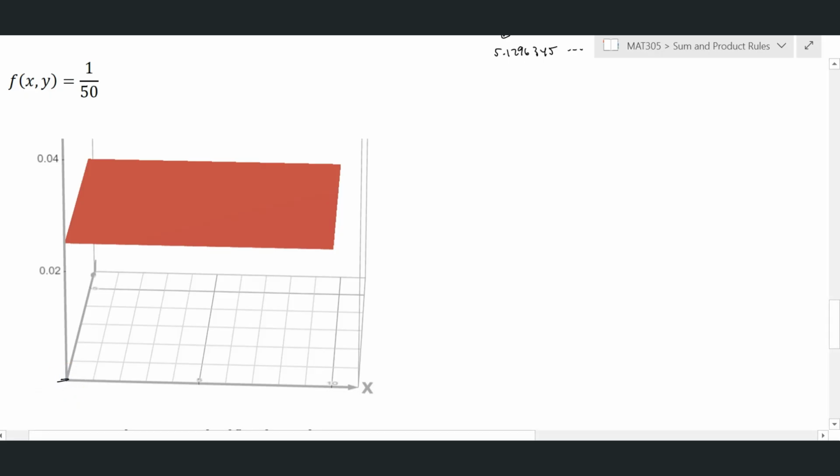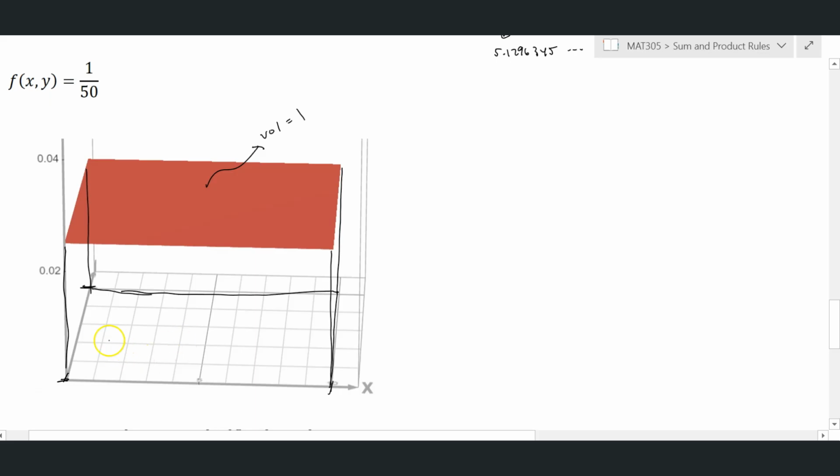So if you took the area from 0 to 5 on y and 0 to 10 on x, the area, or sorry, I should say volume, underneath this probability distribution function is 1, right? It has a volume of 1 because that's 100% of what could possibly happen in our situation.